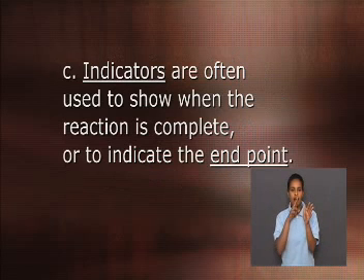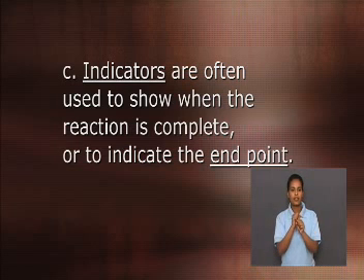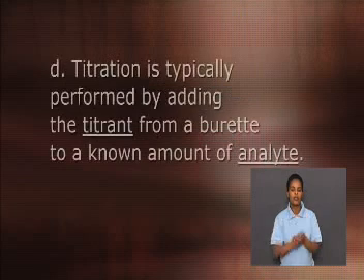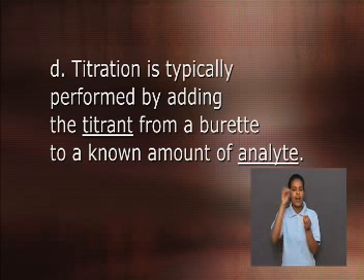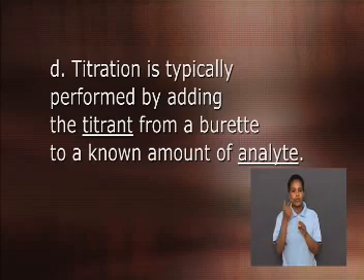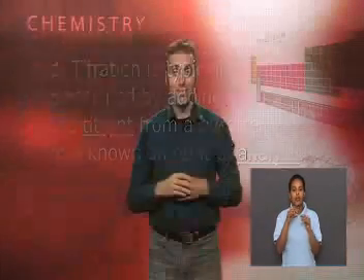Indicators are often used to show when the reaction is complete or to indicate the end point. Titration is typically performed by adding the titrant from a burette to a known amount of analyte.